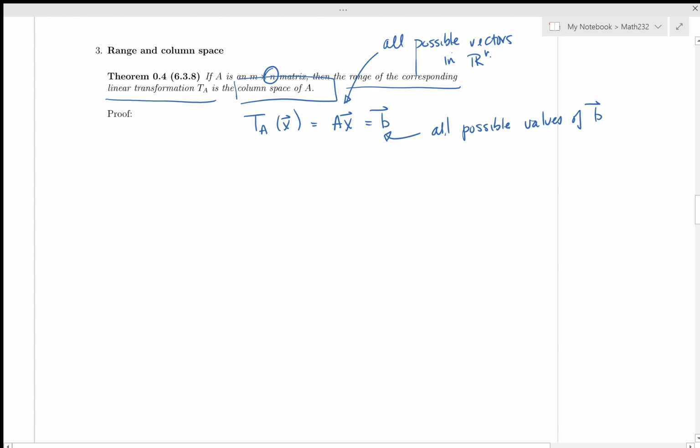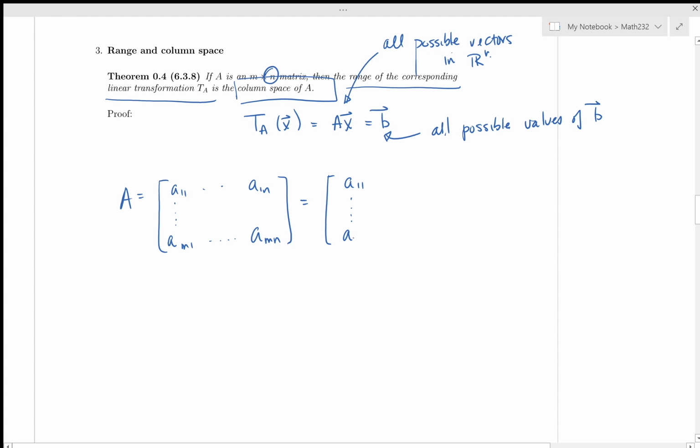So let's take a look at what this means in a little bit more detail. I have a matrix A, and it looks like this: A11 all the way to A1n, because it has n columns, and then it goes down here to Am1 because there are m rows. I could think of that as a collection of columns.